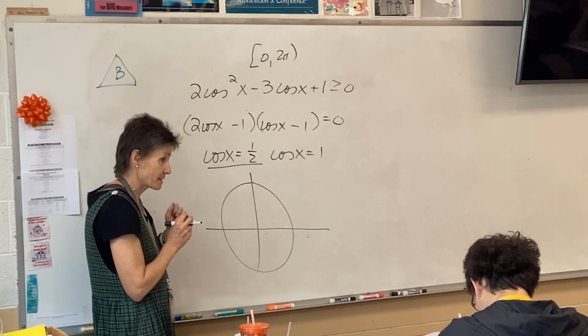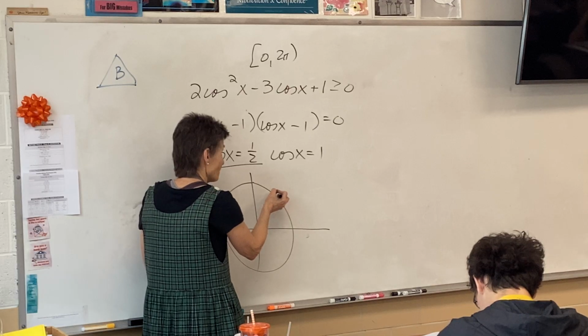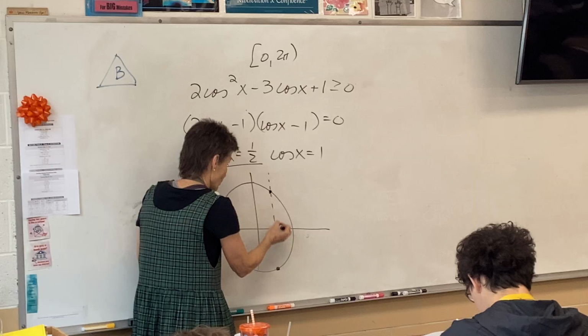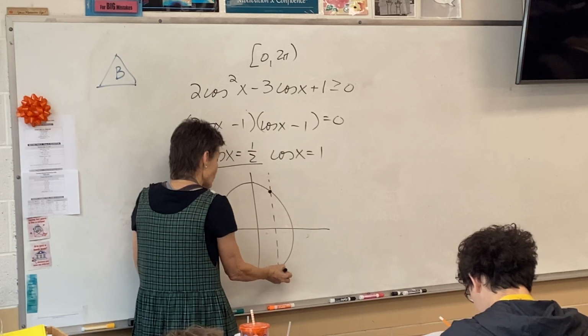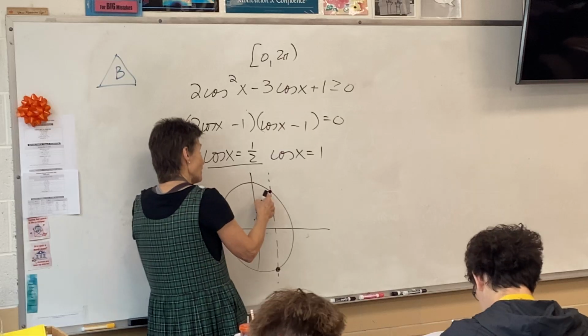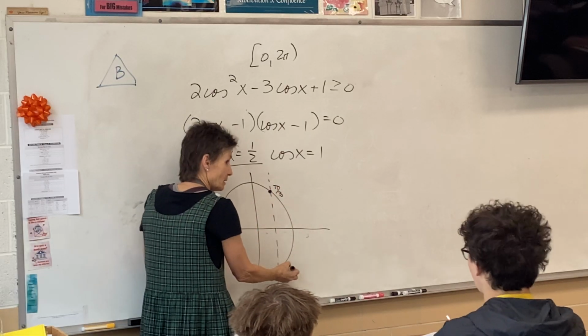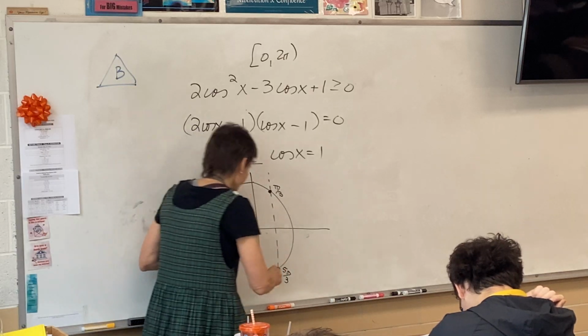Cosine is x, and the cosine will be 1/2 here and here. Would you agree with that? Here's where the cosine is 1/2. What are those angles? The angles where the cosine is 1/2, that would be pi over 3 and 5 pi over 3. All right, so let's get those on there.